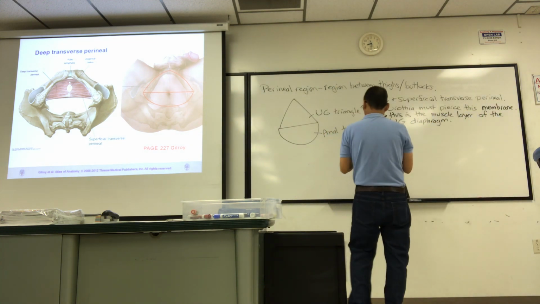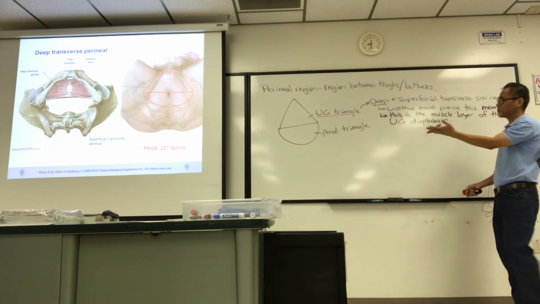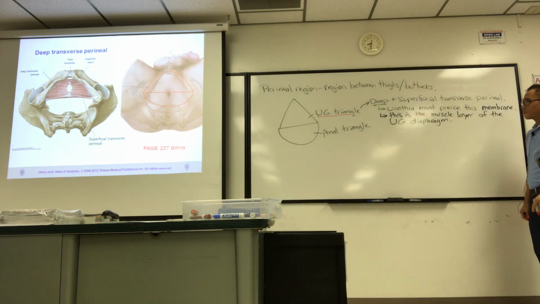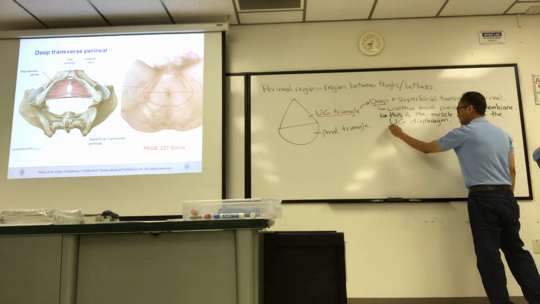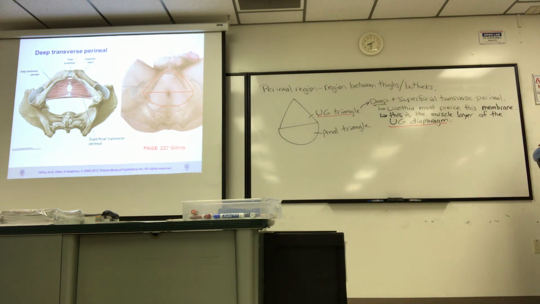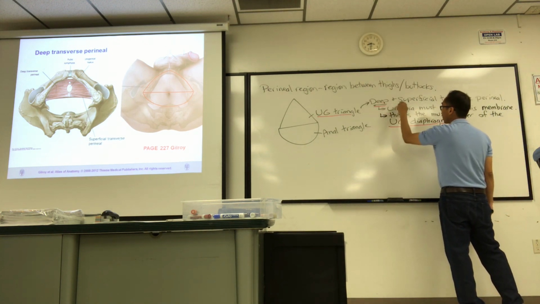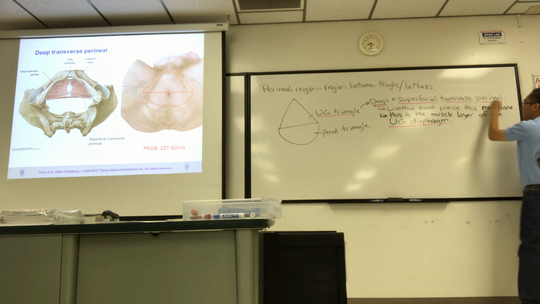So let me underline all the terms I use. I use the term UG triangle. That just describes this region. However, if you dissect, you'll see that there's a membrane called the UG diaphragm. And the muscle of that membrane or diaphragm is the deep, as well as the superficial transverse perineal.